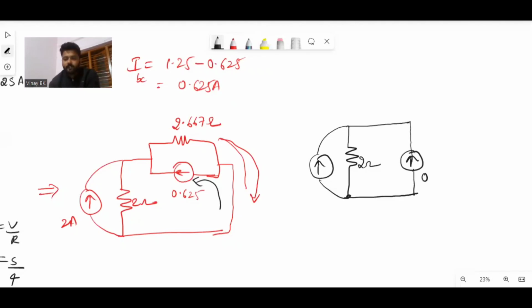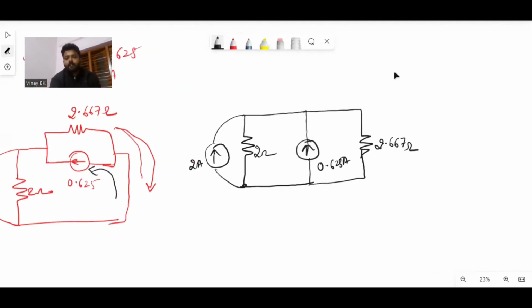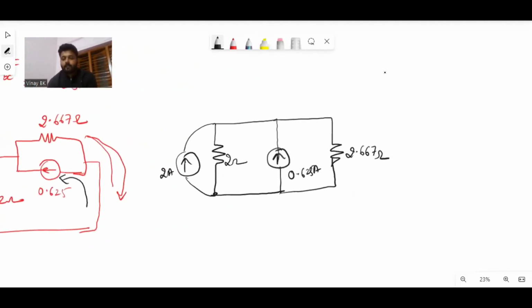That is nothing but 0.625 amperes, and the resistor is 2.667 ohm. Both the currents are in upward direction, so the resultant current will be the addition of the currents.